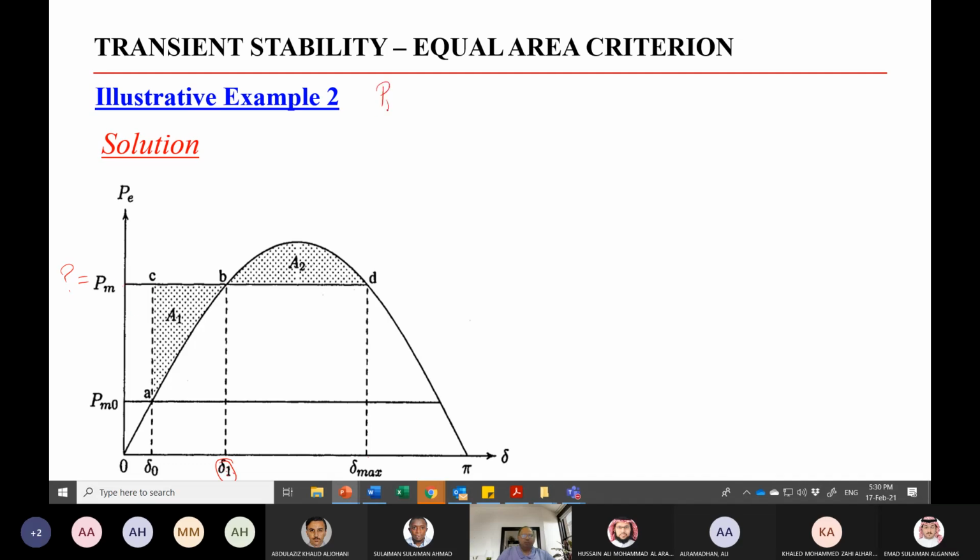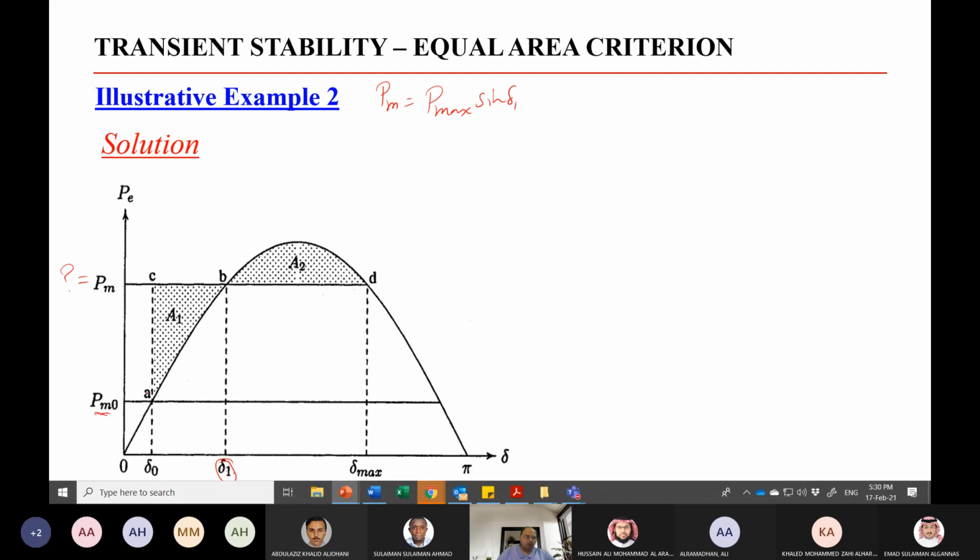And Bm equal to B max sine delta 1. So you can express delta 1 in terms of Bm. They are correlated with each other. So what you can do, you can get the acceleration area in this case.